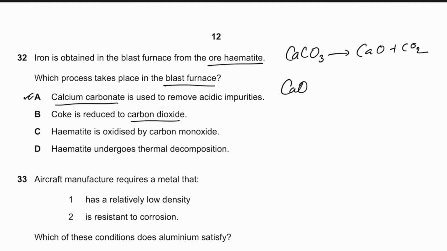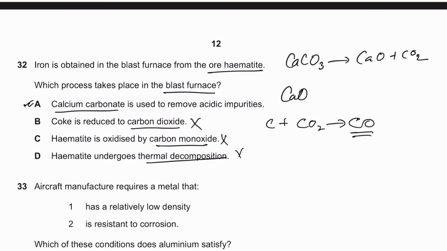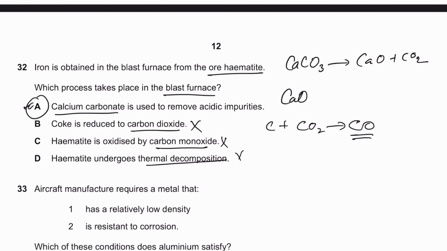Coke is reduced to carbon dioxide. No, it's not reduced to carbon dioxide. So coke plus carbon dioxide is going to form carbon monoxide. Hematite is oxidized by carbon monoxide. So it is not oxidized. Hematite undergoes thermal decomposition. No, it's a redox reaction where iron is reduced. So the answer is going to be A.